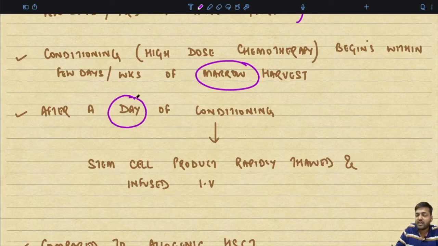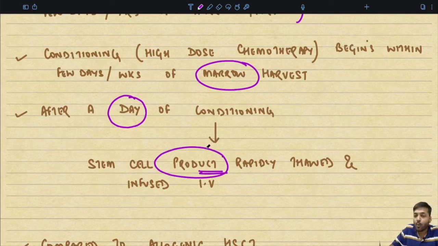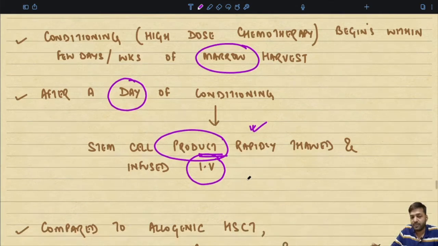After a day of conditioning, the stem cell product, the one which was obtained from the patient itself, is rapidly thawed and infused intravenously to the patient. So the patient's stem cells which were harvested prior, are now thawed and again infused to the same patient.